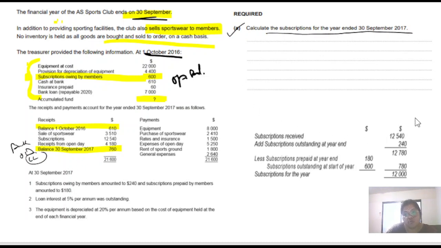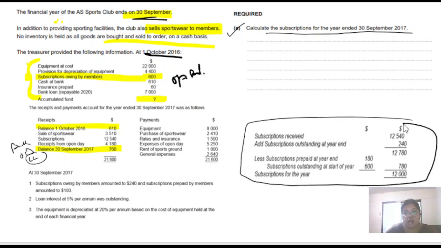It's up to you whether you prepare it in statement form or prepare the subscription account in the format form. So how are you going to prepare the subscription account? The first thing is the subscription account.